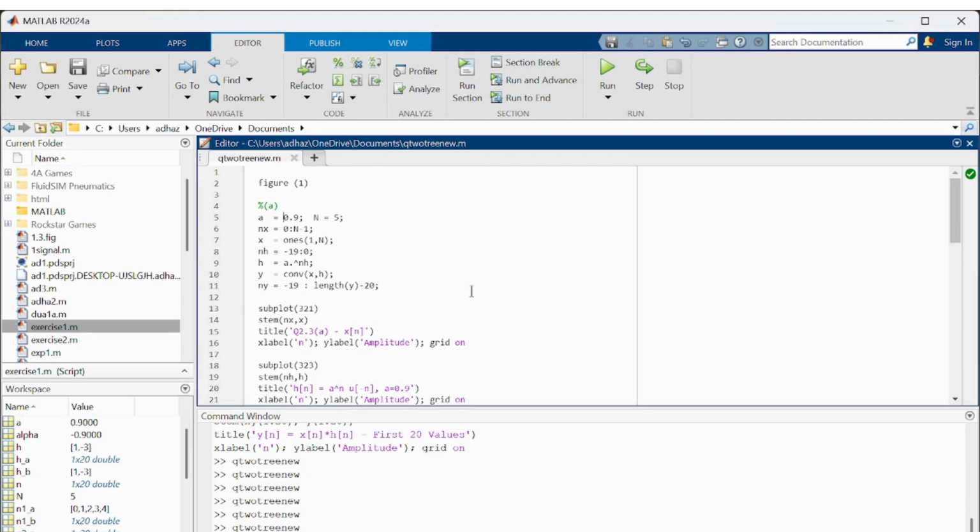When we perform the convolution using y equals conv(s, h), MATLAB's convolution function automatically computes the linear convolution for the two vectors. We use ny starting at negative 19, since the length of h is 20. Since x starts at n equals 0 and h starts at negative 19, the convolution output y must start at n equals 0 plus negative 19, which is negative 19.